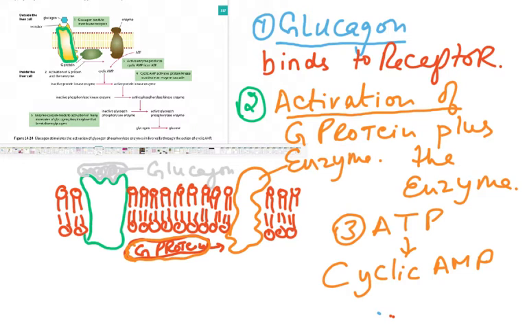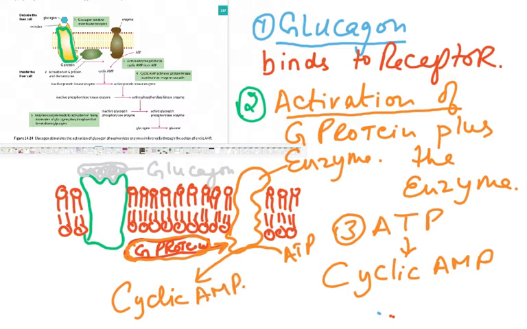And this G protein is activated, then the G protein goes and pushes this and activates this enzyme. And this enzyme is going to cause the conversion of ATP to cyclic AMP.